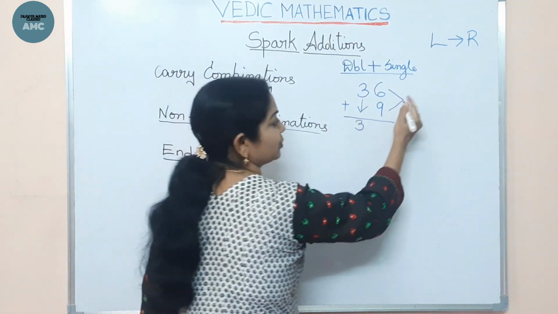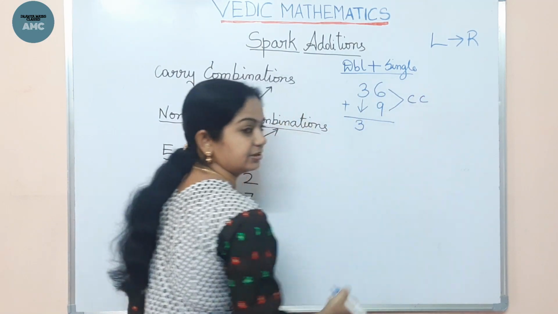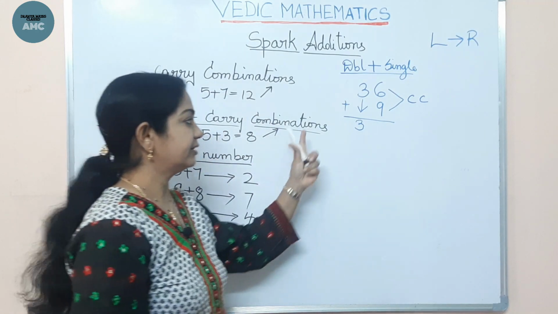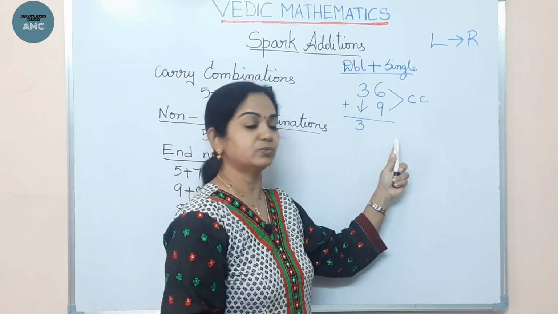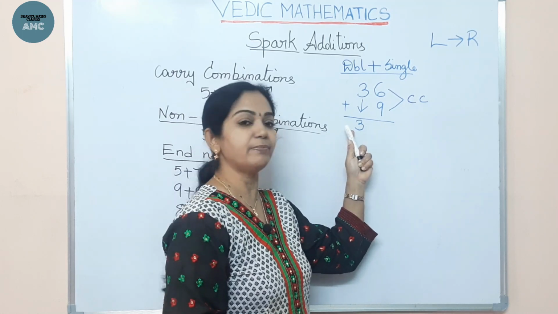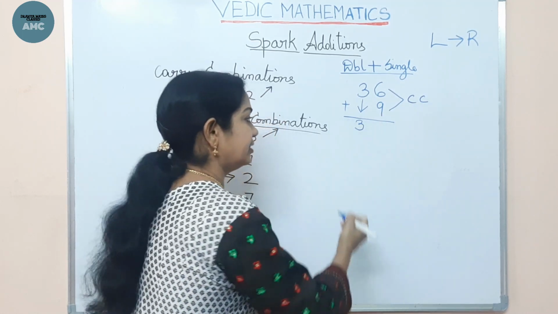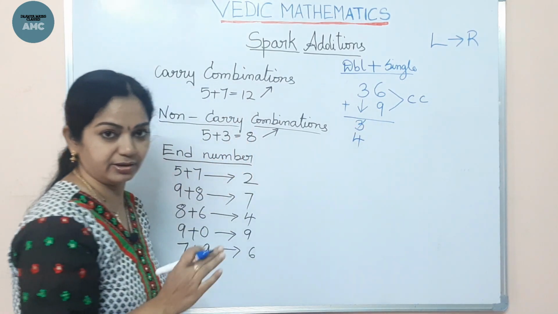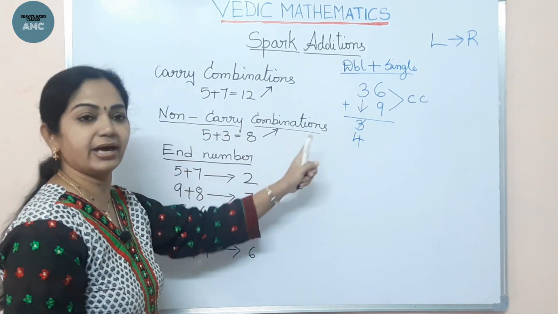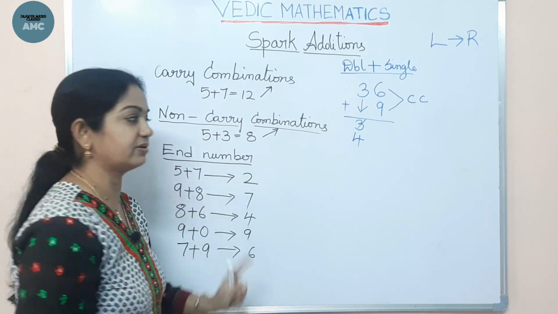By just seeing it, we can tell. Whenever the next digit is a carry combination, the number before it must be increased by 1. If it is a non-carry combination, no need of increasing.